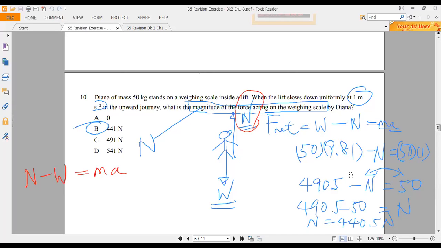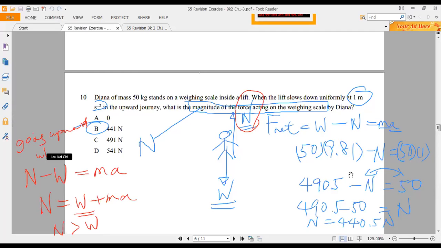So you may see that N is equal to W plus MA. You feel heavier. N becomes larger than W if it goes upward with acceleration. So that's the difference. Just like if you're at the ground floor, when you go up, in fact, you feel heavier at the beginning. Is that clear? Good.